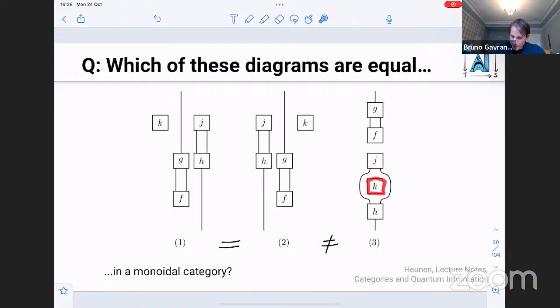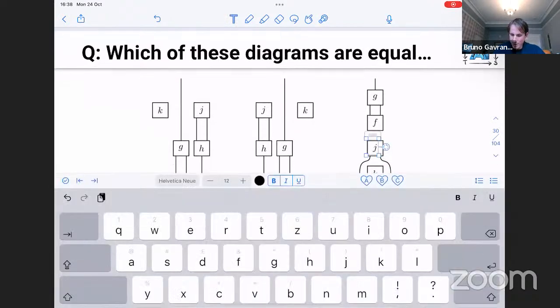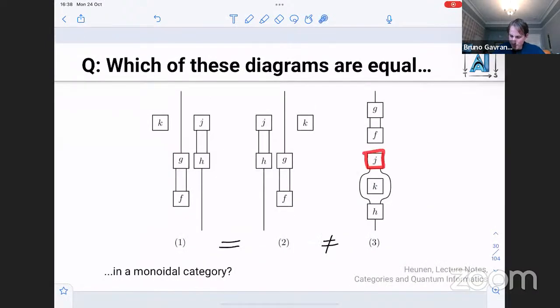We see k in a square here, which is a morphism. So maybe I should be clear about that. This is a morphism in a monoidal category. And here we have a morphism j in a monoidal category. And here we have a morphism h in a monoidal category. So for instance, we can translate the morphism h. Let's label the wires. This could be x, this could be y, this could be z.